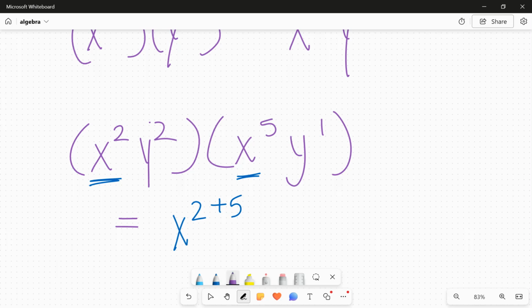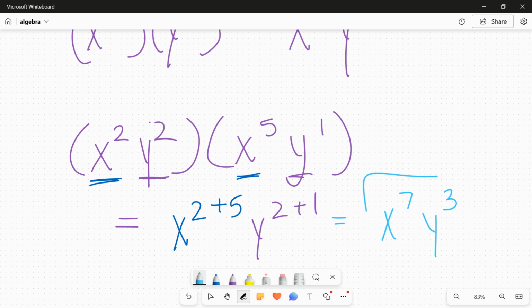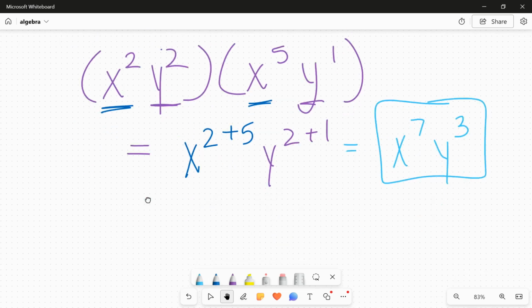And then I have y to the 2 plus 1. Okay, and that gives me x to the 7, y to the 3. So this is how we can use multiple bases and combine their exponents using multiplication.